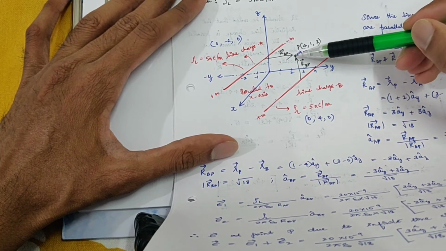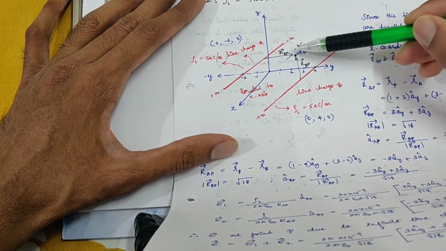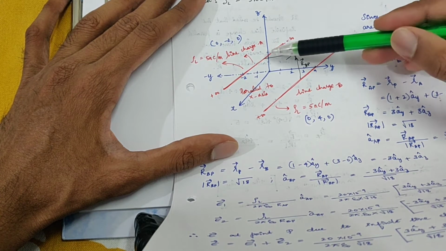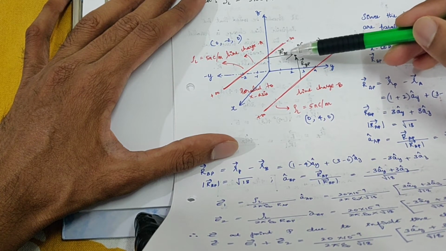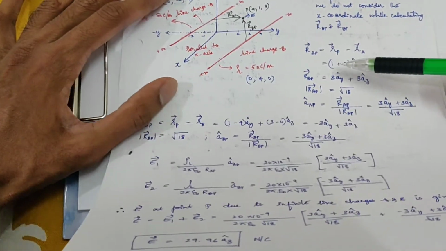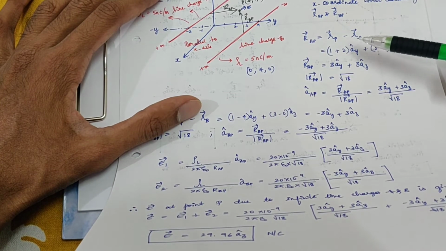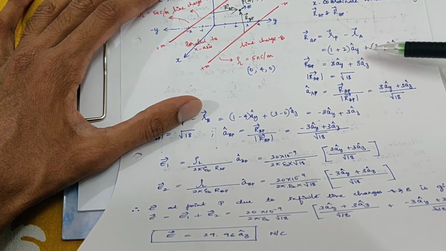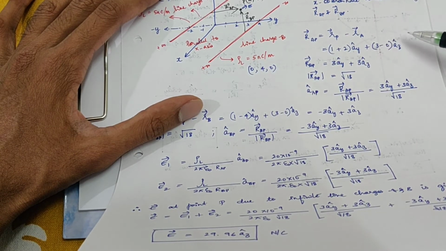We are asked to calculate the electric field intensity at this point P given by (4, 1, 3). In the very first step we have to calculate the distance vector from line charge A and line charge B. RAP is the distance vector from line charge A to point P. I calculate RAP as RP minus RA. It is (1 plus 2) AY cap plus (3 minus 0) AZ cap.